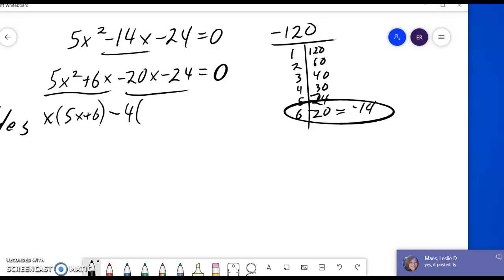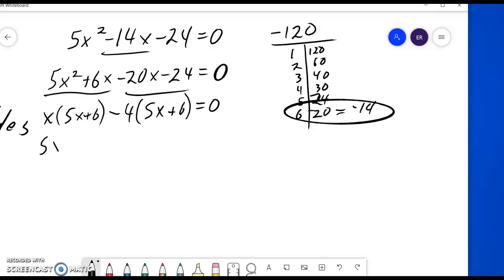So negative 20 divided by negative 4 is 5. Negative 24 divided by negative 4 is 6. I factor out my 5x plus 6, and I get x minus 4.